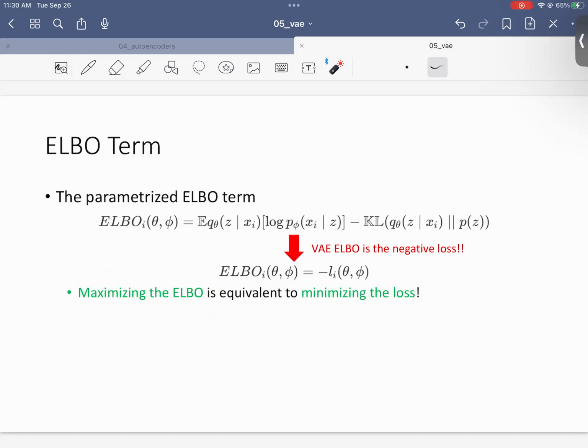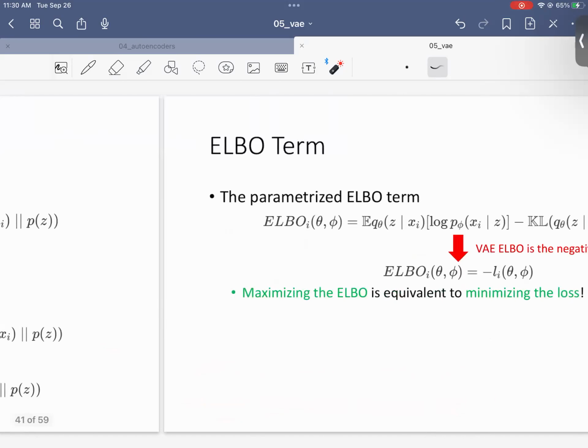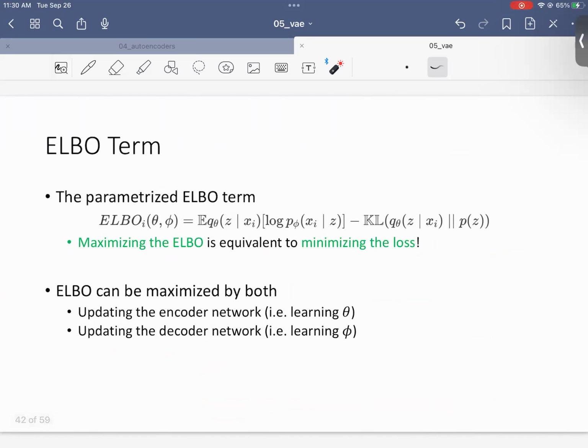So we're not just willy-nilly saying, oh, I have a reconstruction term and I just want to add a regularization term that enforces the latent distribution to be Gaussian. That is one way to interpret it, but there's a more elegant interpretation that lies beneath this loss function, which is that you're actually maximizing the ELBO term.